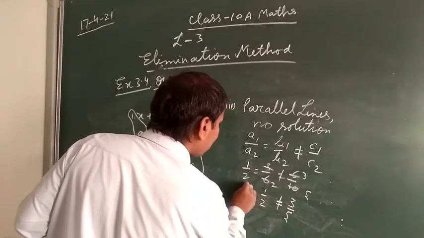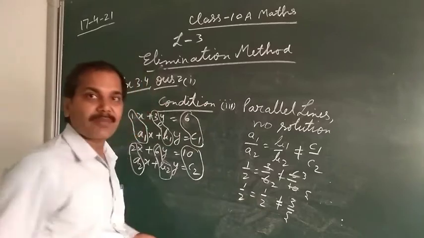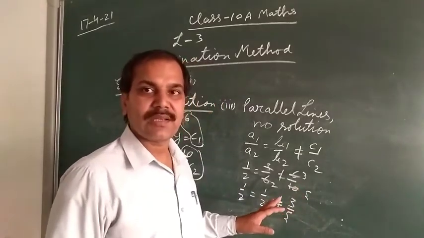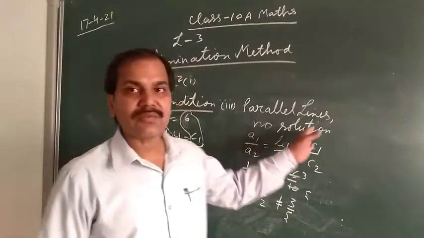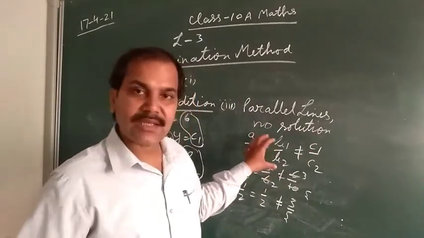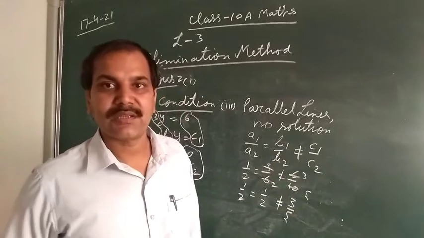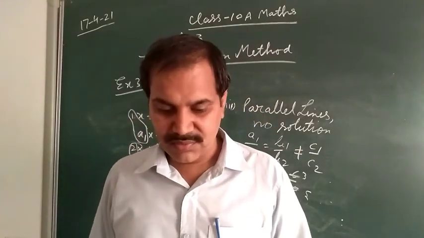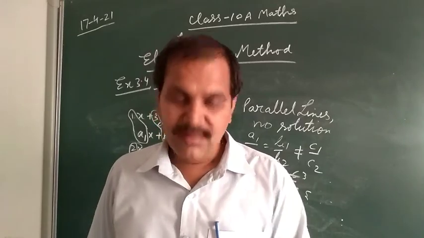So 1 by 2 is equal to 1 by 2, which is not equal to 3 by 5. Clear? So in this case, no solution. So this condition we have to check in this question. Clear? So this question I will discuss in the next video. Okay. Thank you.